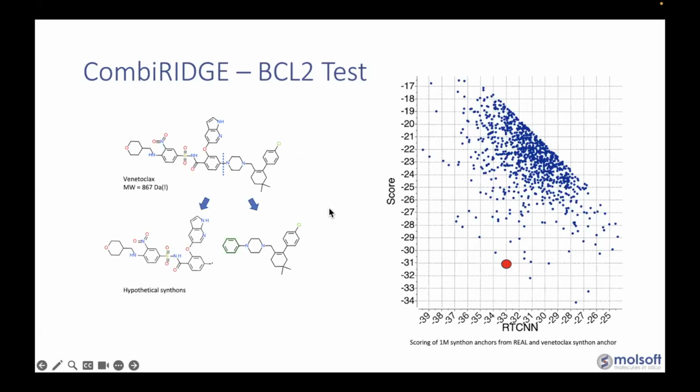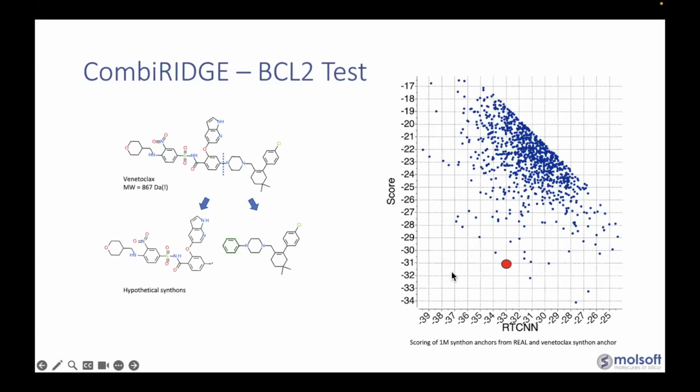So basically, in the study they took 1 million anchors and docked those anchors. These anchors were taken from the real, and with a hypothetical venetoclax synthon, and you can see it scored very well.